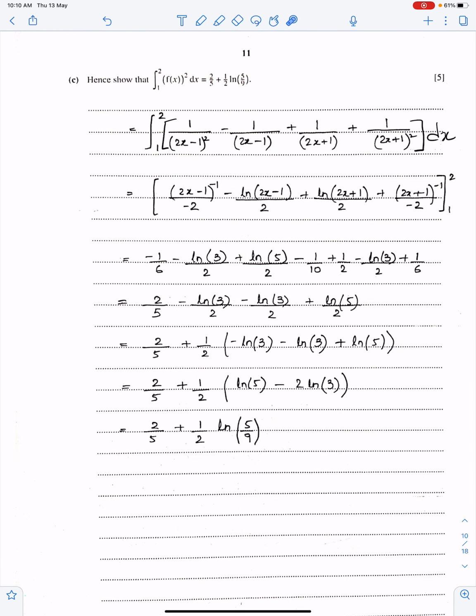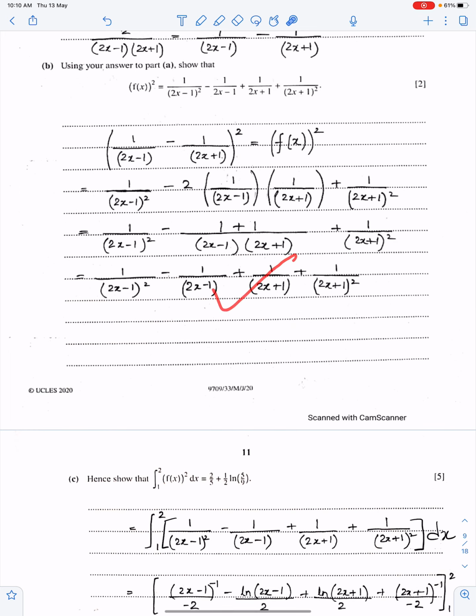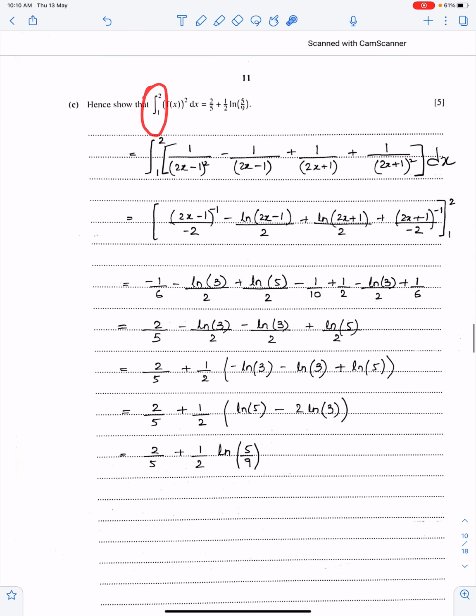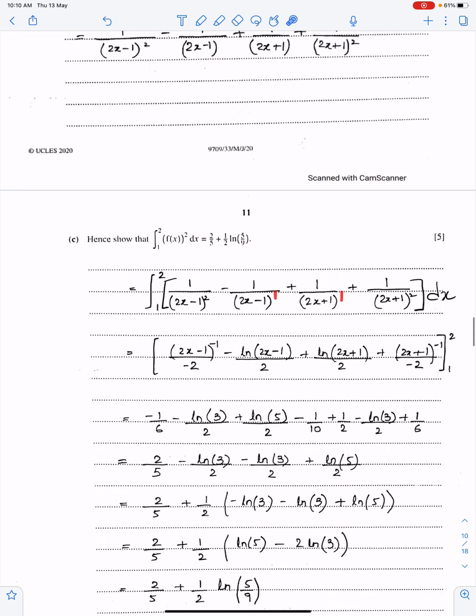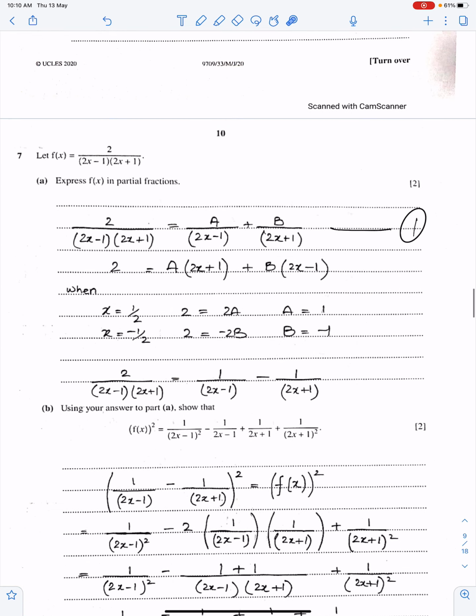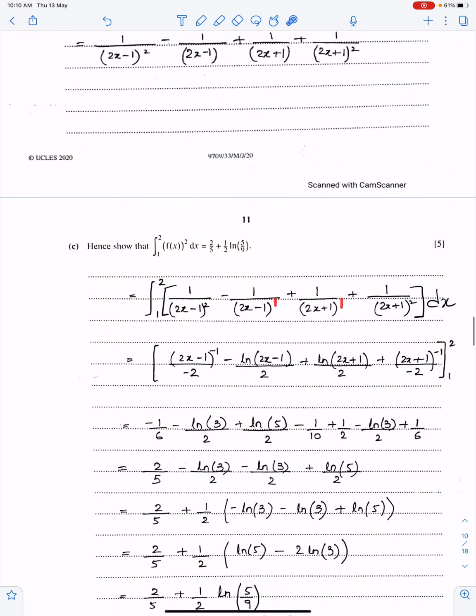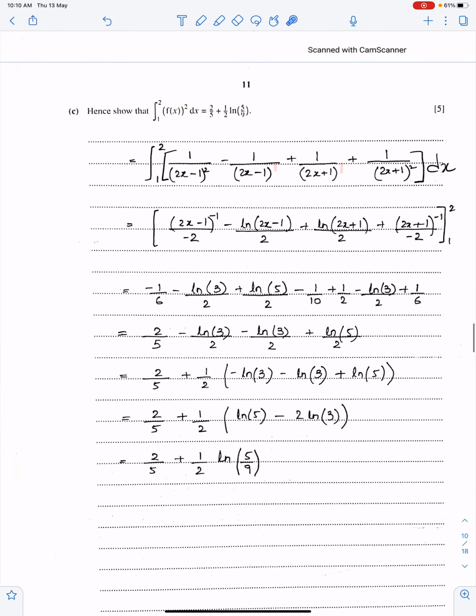Last part of this question, we have to integrate this thing with these two limits 1 and 2. See, the power is not 1, so you need to bring this expansion in the numerator, this as well. Since the powers of the expansions are 1, we need to use ln to integrate these expansions.